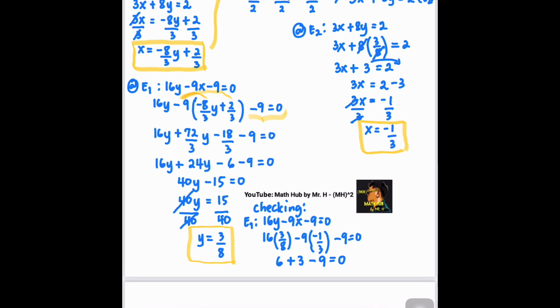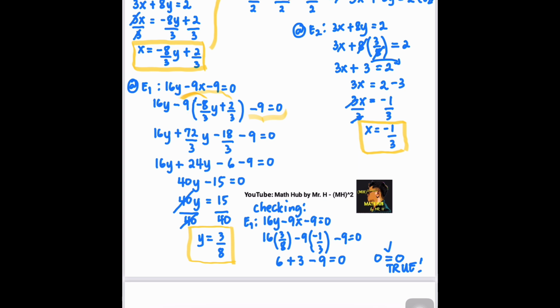So basically, you got 0 equals 0, which is true. So it satisfied the first equation, but it's not enough yet, because the rule here is the values of x and y must satisfy both equations. So that means it must be true for the second equation as well. All right? So it's true for the first one.